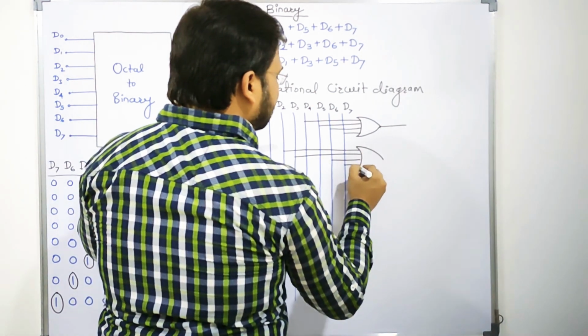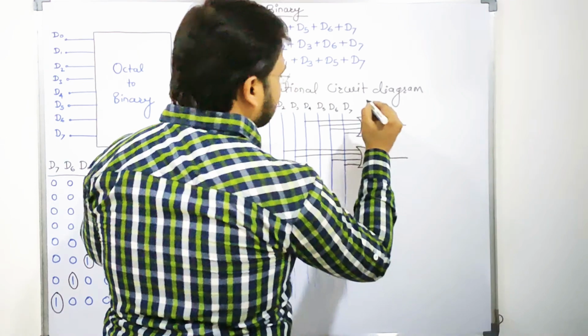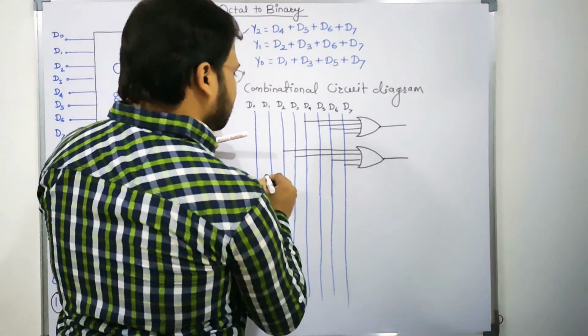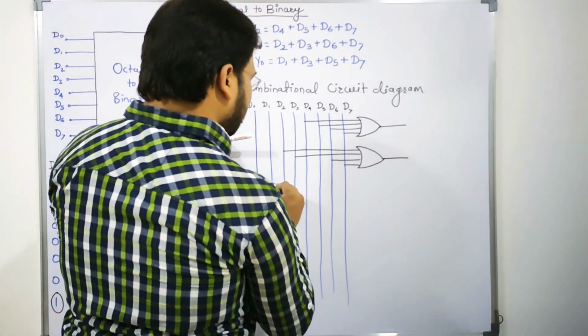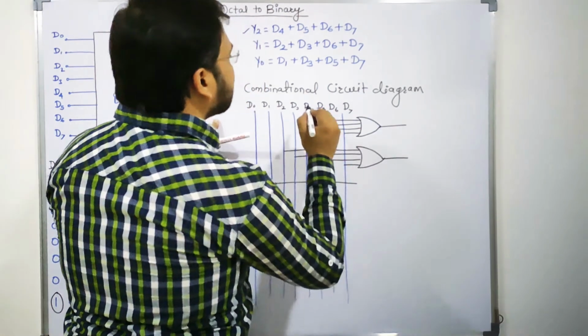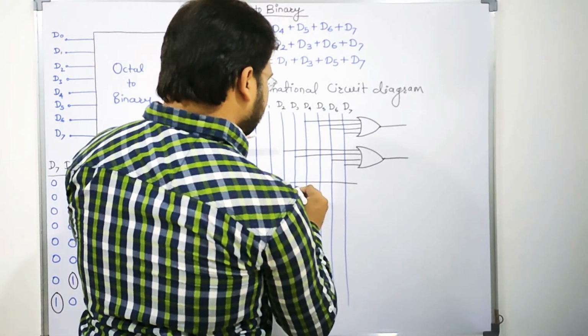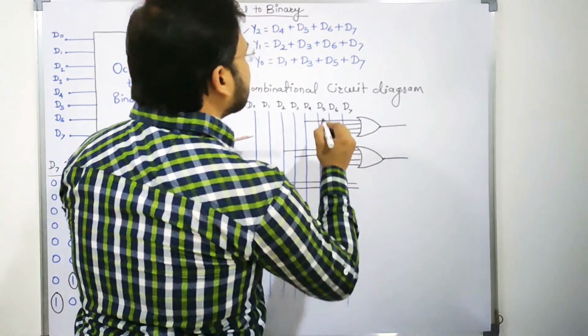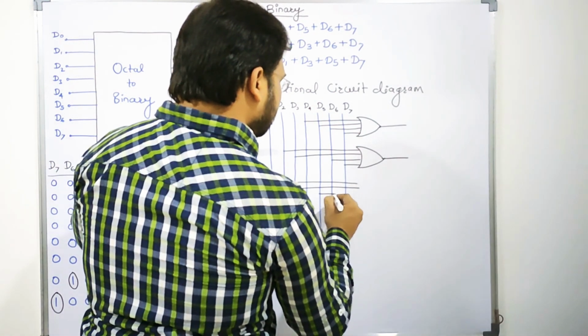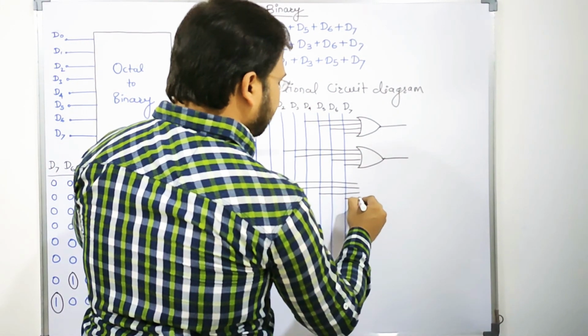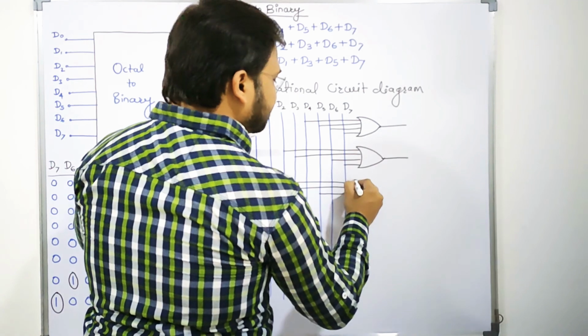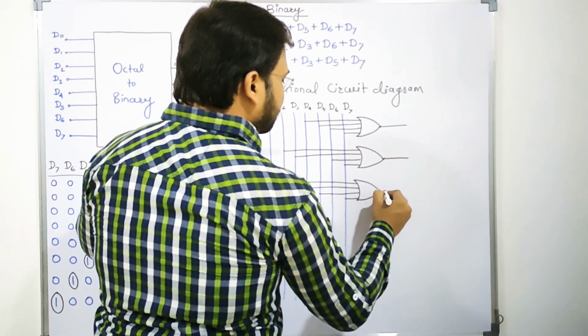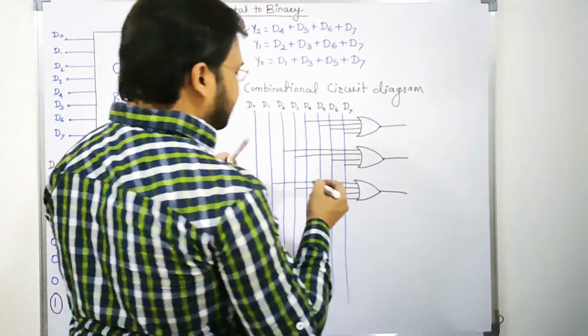So here the second Y1, next is D1, D3, D5 and D7. So basically this is what your multi-input, we already discussed that multi-input.